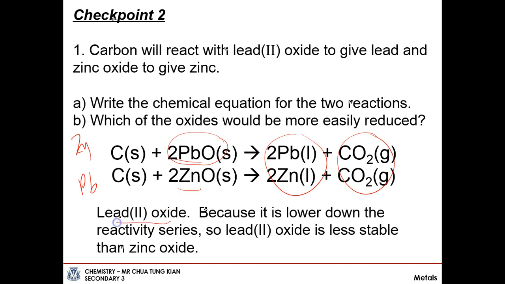Lead-2 oxide, because lead is lower down the series, is less stable than zinc oxide. We conclude the stability of the compound by the position of the metal in the reactivity series. The more reactive the metal, the more stable the compound. The less reactive the metal, the less stable the compound.